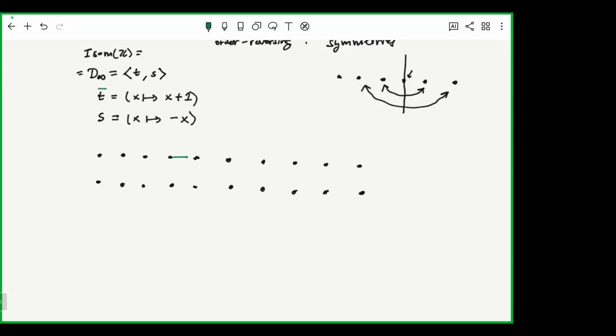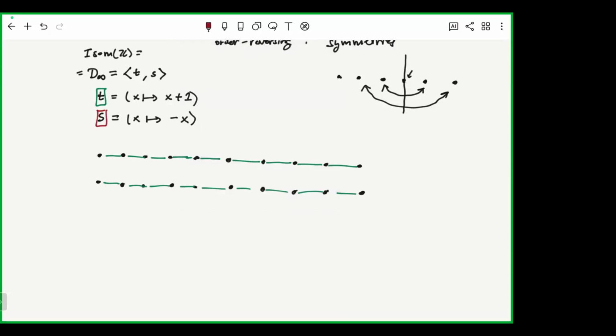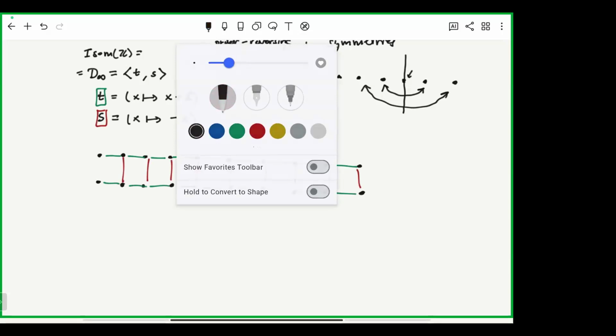I will use the green color for the translation, and these are connected like this, and so on. And now the symmetry is connecting each of these two vertically aligned points. And now this goes on forever.